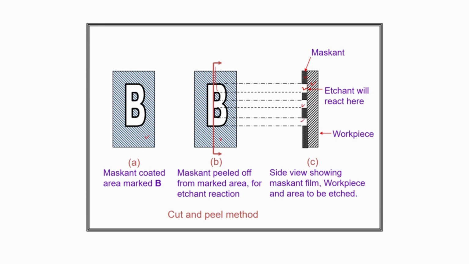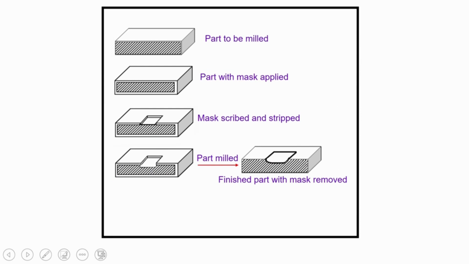So these are the exposed areas, and these are the maskant here, deposited on the workpiece surface. Here this maskant is peeled off from the marked area for the etchant reaction. So this is the schematic diagram of the cut and peel method.